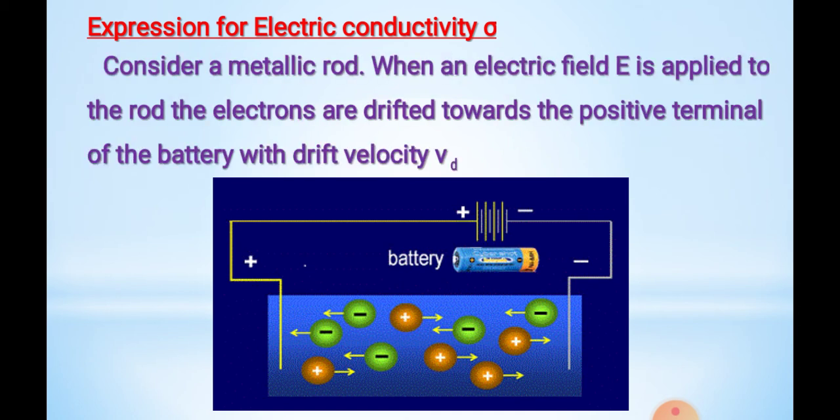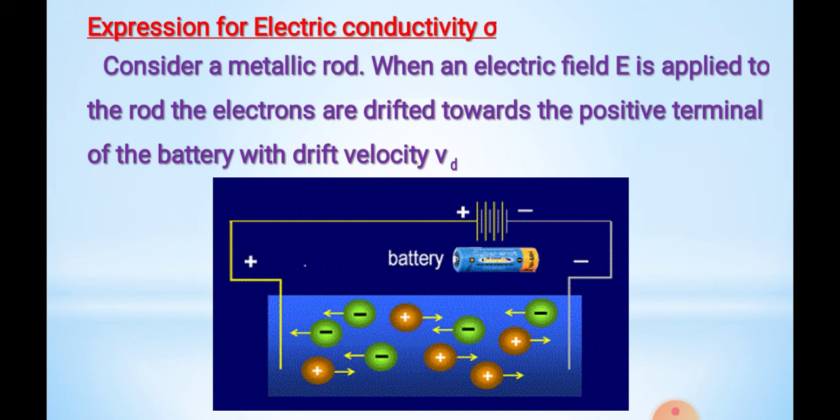When an electric field is applied to this material, inside the metal we have electrons as well as holes. The electrons are negatively charged and we have a positive terminal in the battery. Due to the application of this electric field, according to classical free electron theory, all the electrons will drift towards the positive terminal of the battery.